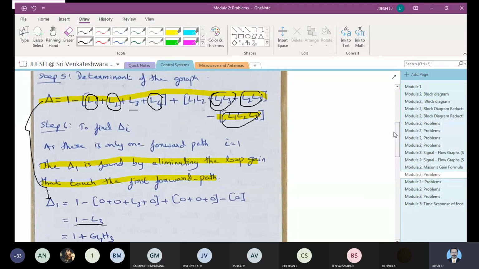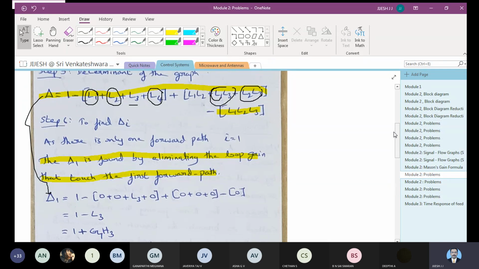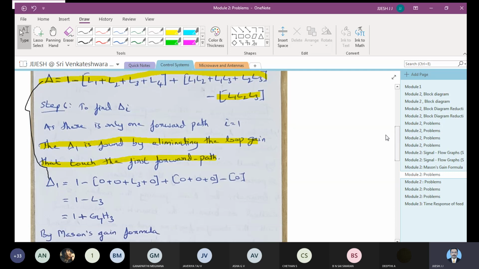Understand this carefully. It's very important. Students won't make mistakes here because they understand these things, but the identification of loops and the identification of forward paths is where they make mistakes. So delta 1 is clear for all of you? All of you got 1 plus G7H3? Yes, sir.